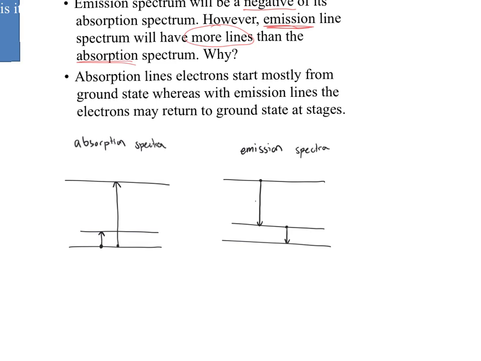Here, photons of every frequency or wavelength that are involved in the spectra can be seen, from the top to the bottom. However, in terms of absorption spectra, they usually start at the lowest energy level possible. So what you might be missing in an absorption spectrum is this level, which appears here because it can drop from any single level, but it can't appear on this one. So this could be missing.